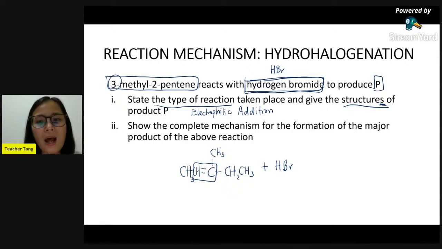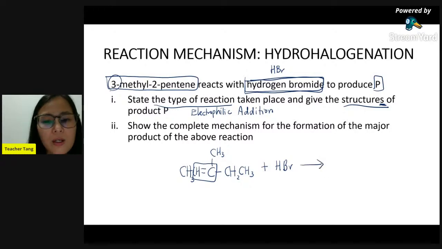So ask you to draw the structure of the product. So again, mengikut Markovnikov. So this electrophilic addition tak ada peroxide. So kalau tak ada peroxide, mesti mengikut Markovnikov's rule.